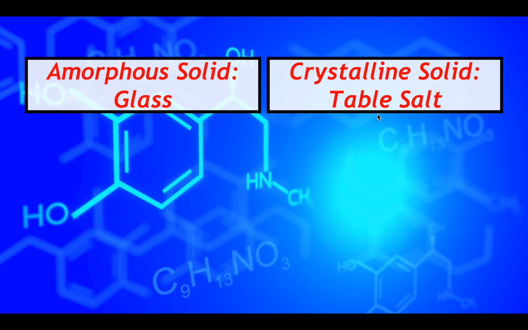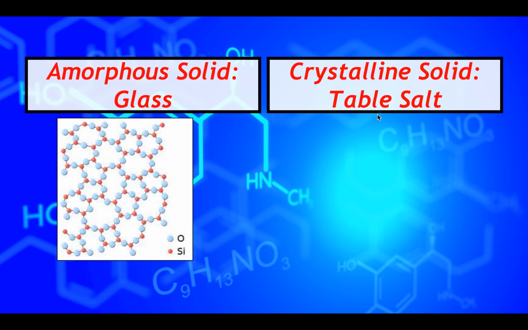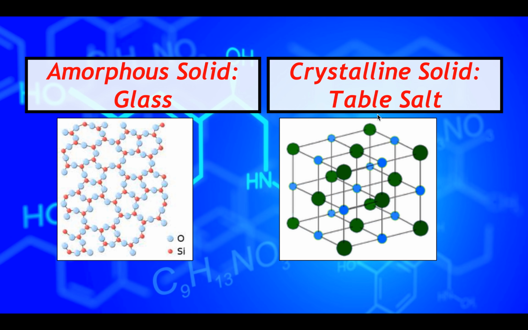Let's take a look at what these substances look like side by side. This is silicon dioxide, and this is salt, like table salt. If we're looking at the arrangement of the molecules or atoms, there's no set pattern. They're joined to each other, but some of these rings are small and some of the rings are larger.